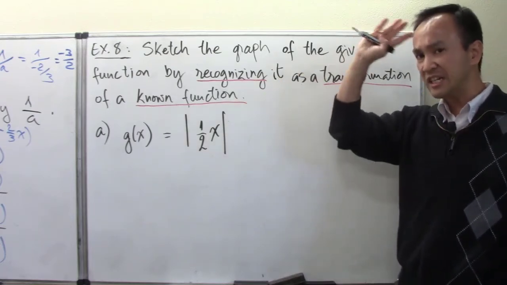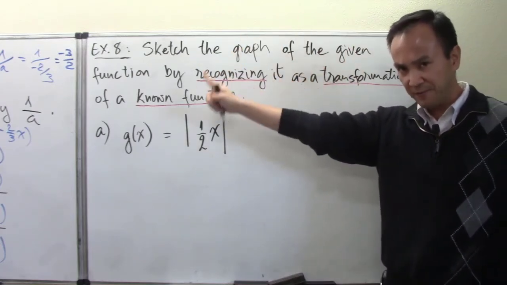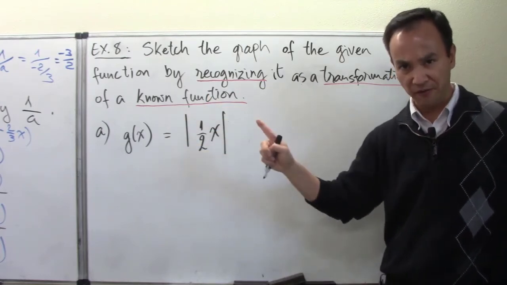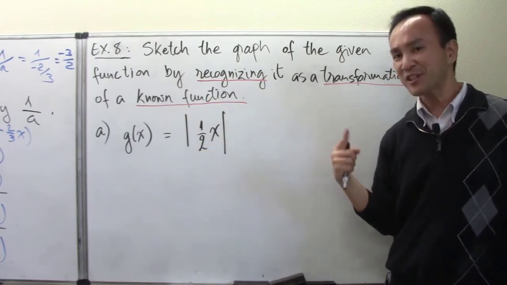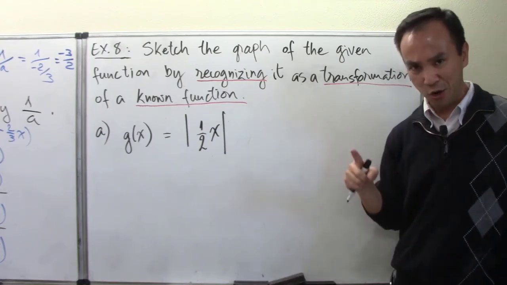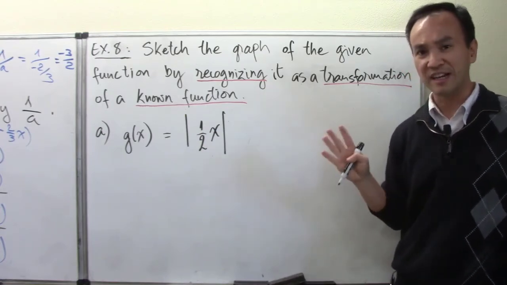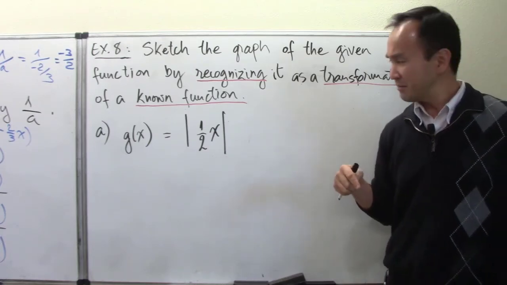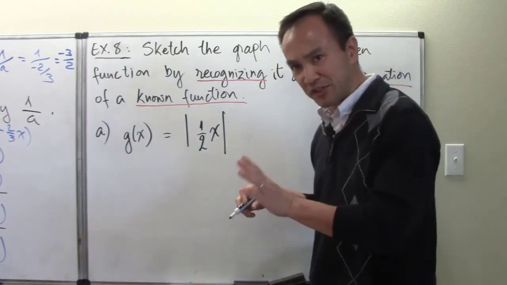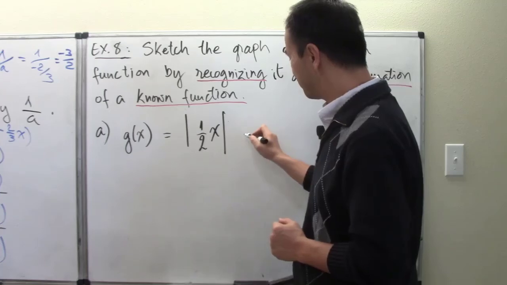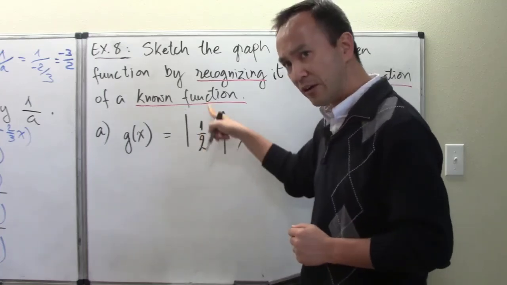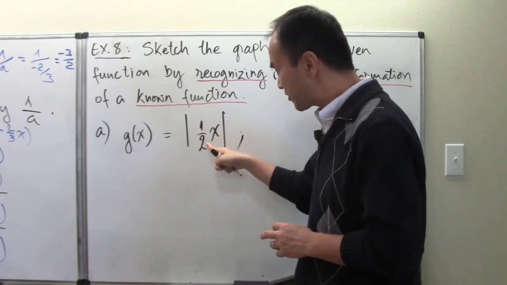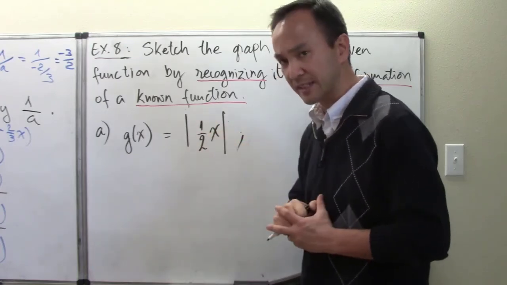So here we want to recognize. The idea now is that if this function was a descendant function from a known parent function, our first thing is to recognize what the known parent function is. That's why, as I said, we have seen this kind of problem before. In what I'm seeing here, we have absolute value, and inside of the absolute value, there's a 1/2 x expression.